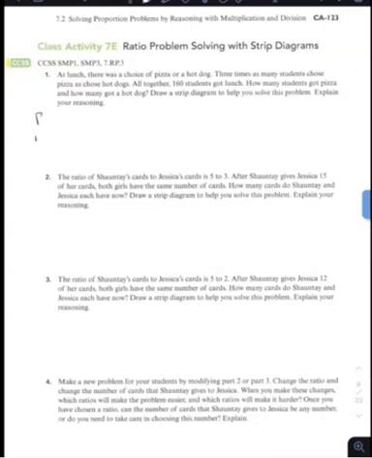So we have pizza and hot dog, and 3 times as many students chose pizza as hot dog. So if hot dog was this much, then pizza would be that much. Altogether, 160 students ate lunch.